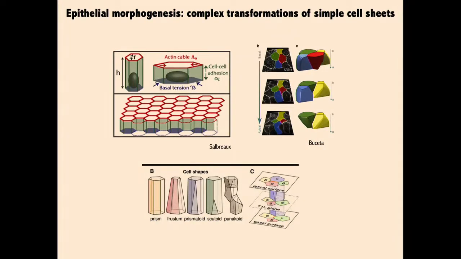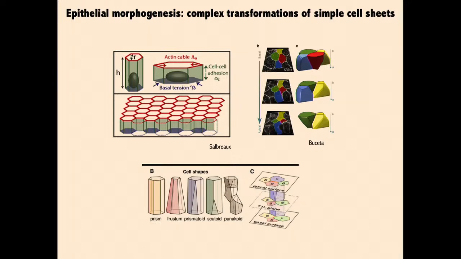And so I just want to say that all of the morphogenesis I'm going to focus on is what I call epithelial morphogenesis, because we're really looking at how a sheet of cells, which is a monolayer, single sheet of cells, deforms, right? We're just keeping it very, very simple because this is complicated enough.